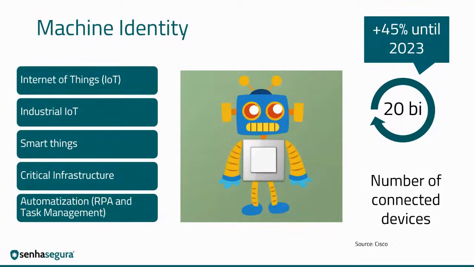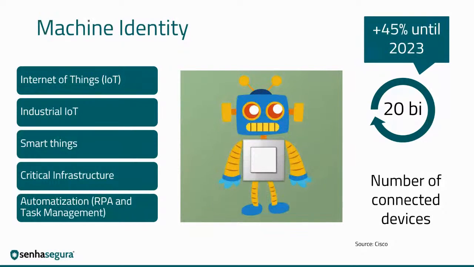To give us an idea of the number, according to Cisco, there were more than 20 billion connected devices last year, and the forecast is that this number will reach 29 billion by the end of next year, which means that the number of those devices will increase 45% compared to last year.